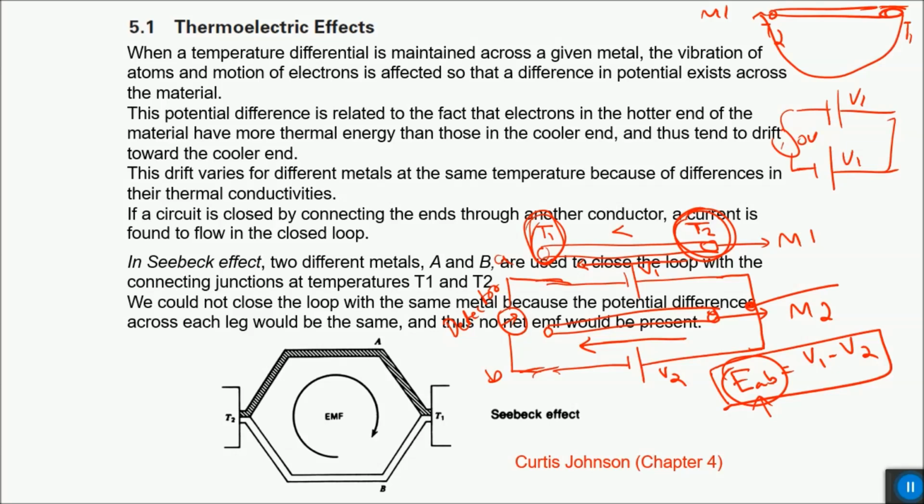So that's why it is important to use a different metal to close the loop, and that's why it is important to form a thermocouple. That coupling with a different metal is just to have these two different voltages V1 and V2 that are produced because of that Seebeck effect when two ends of a metal are exposed to different temperatures.